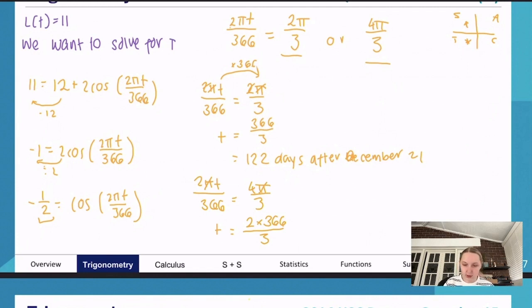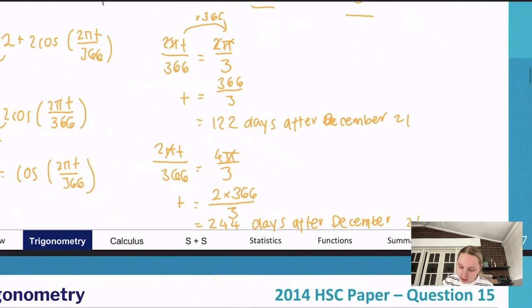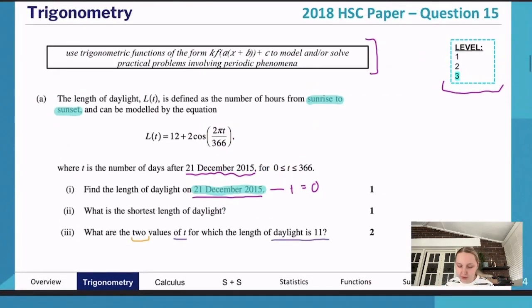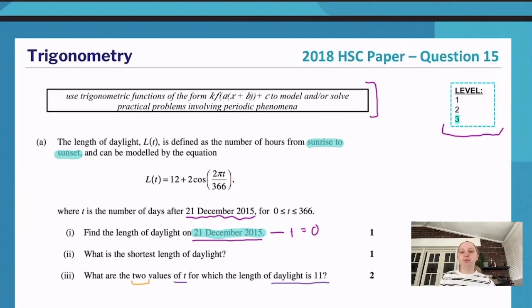If we work that out, we'll just use a calculator really quick, we get 244 days. Okay, and I'm just going to write one more thing. Therefore, t will equal 122 or 244. And that's how we solve for part I.